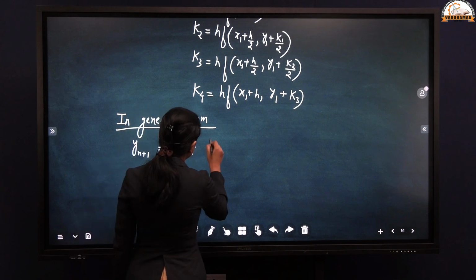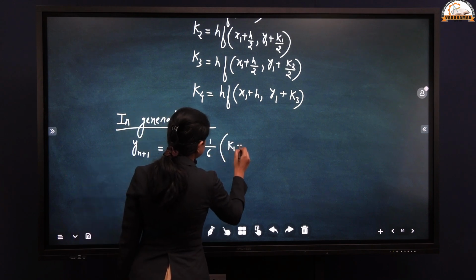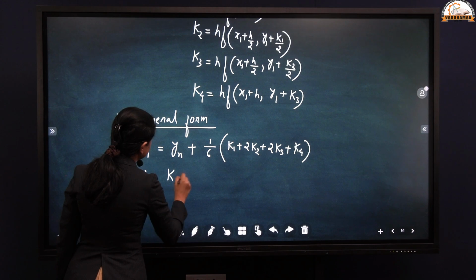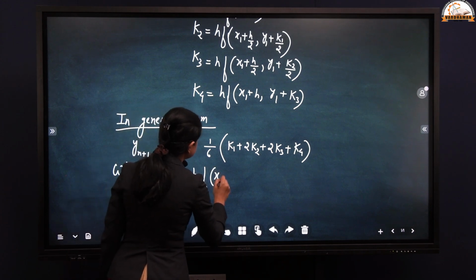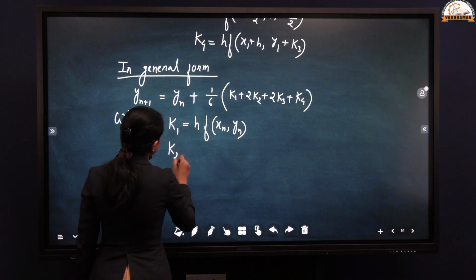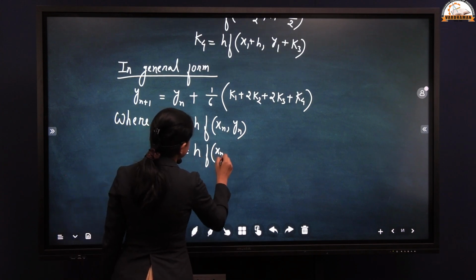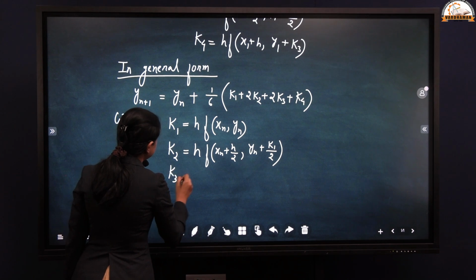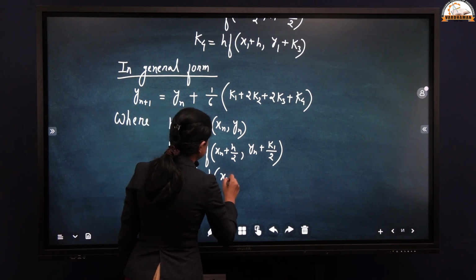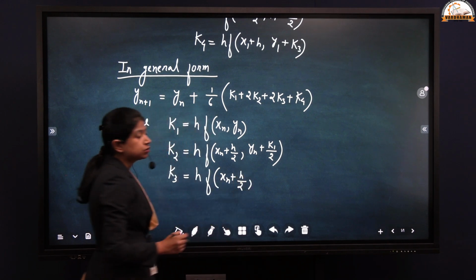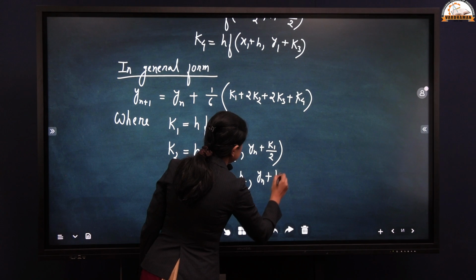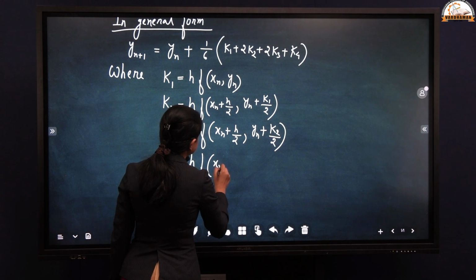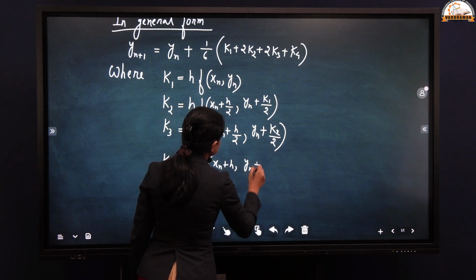So in general form we can write y(n+1) equal to yn plus 1 by 6 into (k1 plus 2k2 plus 2k3 plus k4), where k1 is equal to h into f of xn, yn, k2 is equal to h into f of xn plus h by 2, yn plus k1 by 2, k3 will be equal to h into f of xn plus h by 2, yn plus k2 by 2, and k4 will be h into f of xn plus h, yn plus k3.